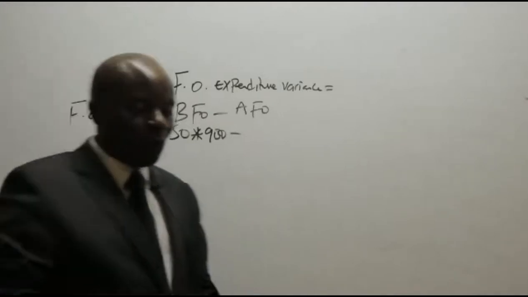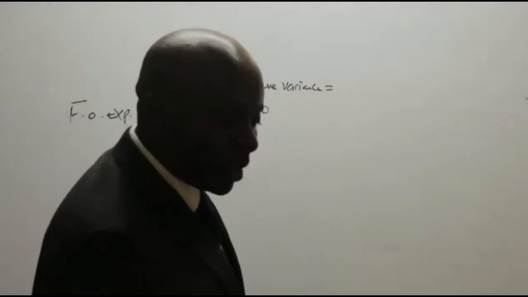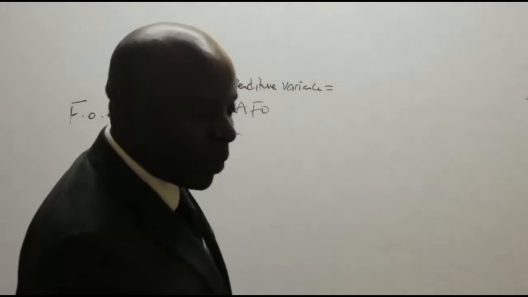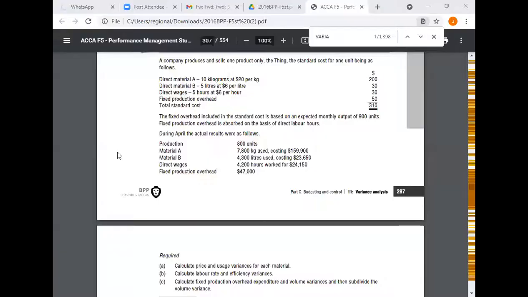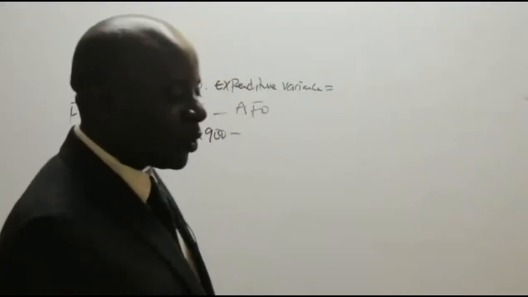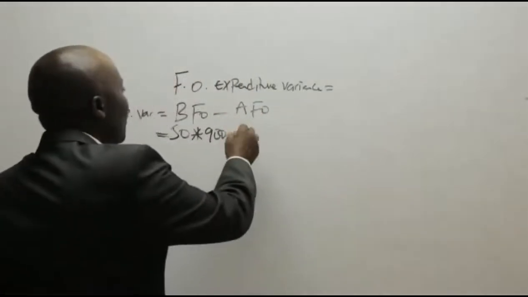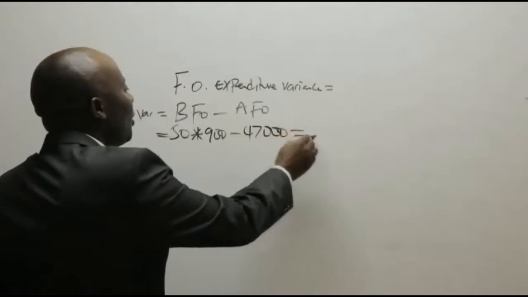AFO stands for the actual fixed overheads, from the actual results here. AFO is only 47,000. So when you pick your 47,000 here, you are sorted out.